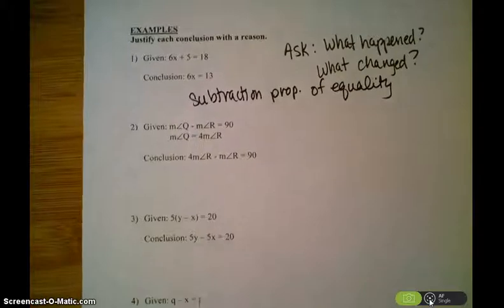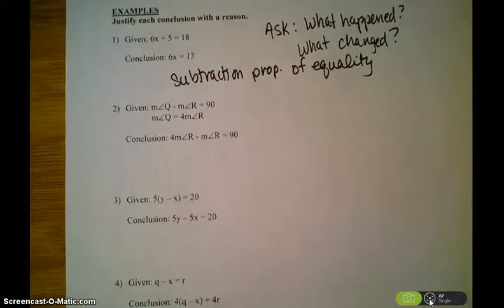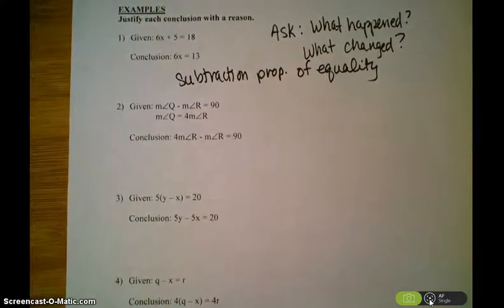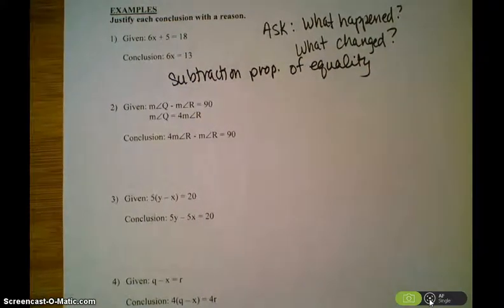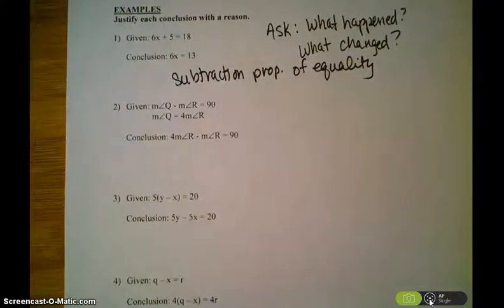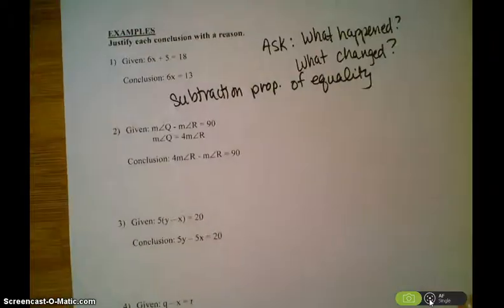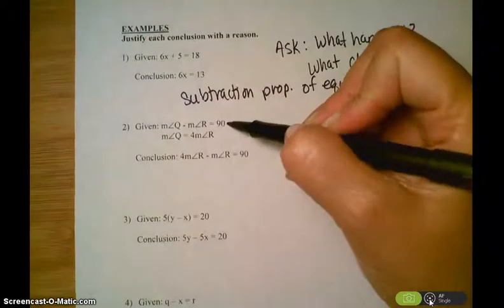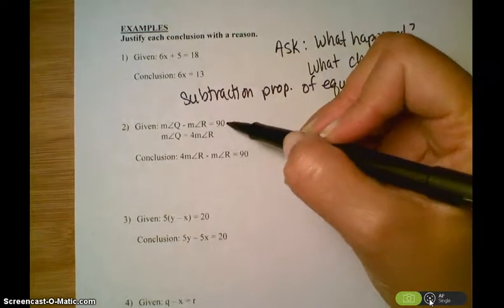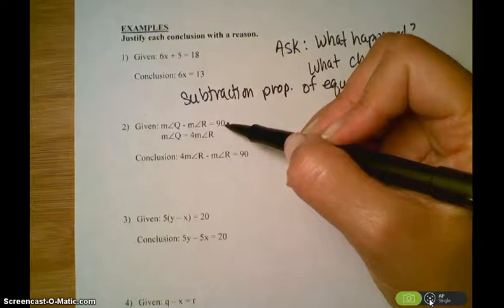Okay, take a look at the next one. Take a second, look at it, ask yourself what changed, and see if you can come up with one of the matching reasons. Okay, so I asked myself, what happened? What changed? Our conclusion sentence kind of looks like our original sentence. There's the minus angle R equal to 90, but what changed?